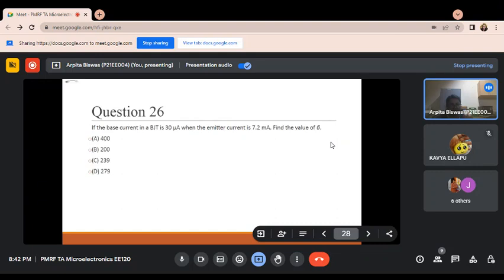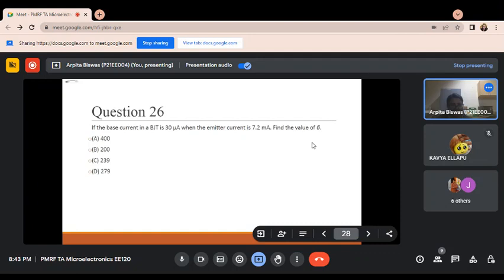Here you have to take the equation that IE equal to IC plus IB. From this equation, at first you have to calculate the IC. Then beta equal to IC by IB. Then put this value and you will get the answer. You can calculate, I am waiting for you.